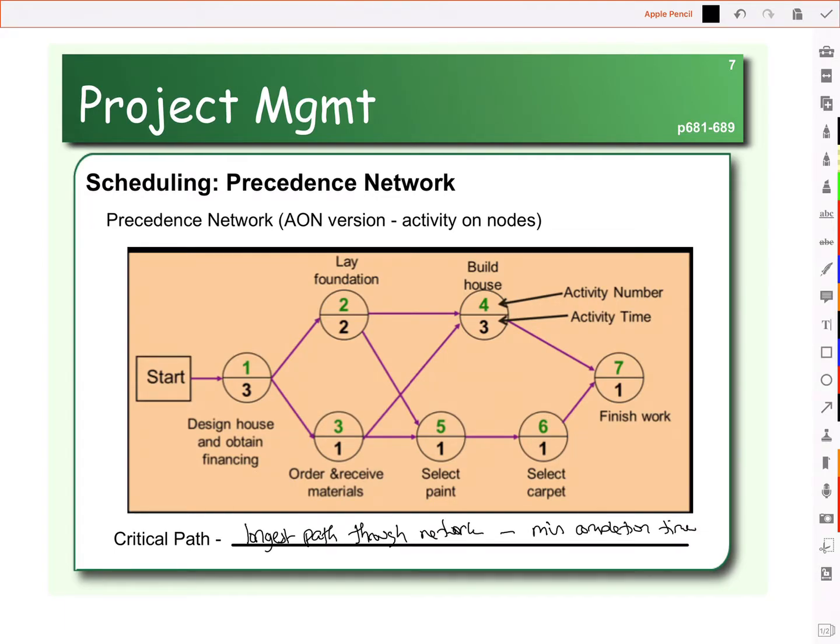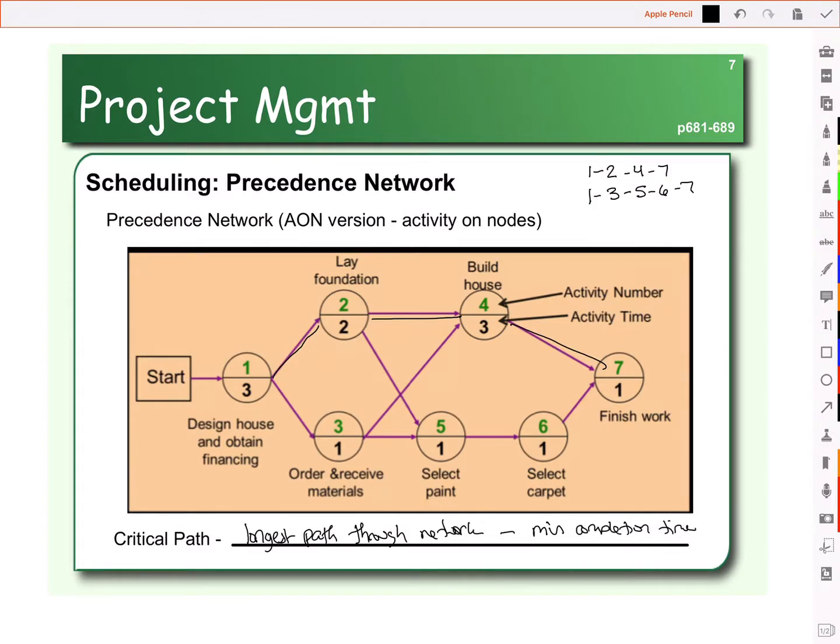What we need to do is figure out all the different paths that we see on this chart. So for example, we can go from 1 to 2 to 4 to 7, right? That gets us here, to here, to here. That's one route. Well, we also have 1, 3, 5, 6, 7.